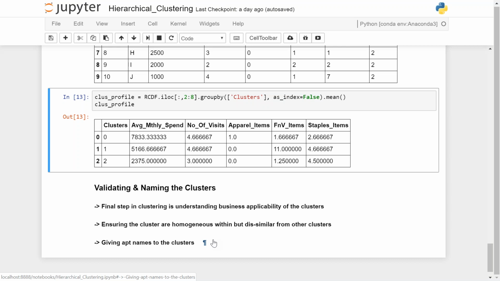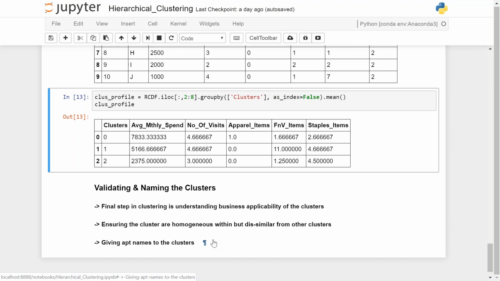The IT department person, the software engineer, will first scratch his head and start thinking of this cluster 0. What filter should I apply? What is the attributes of this cluster 0? He'll have to go and think of documentation, where in documentation it would be mentioned cluster 0 are high average monthly spenders, they have more visits, they are apparel buyers.